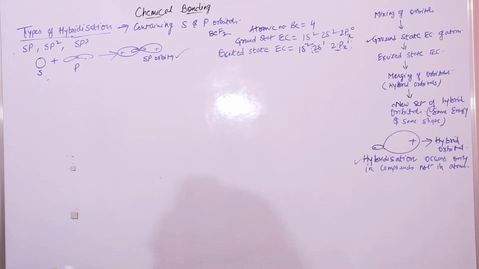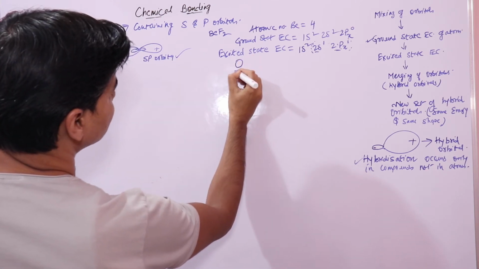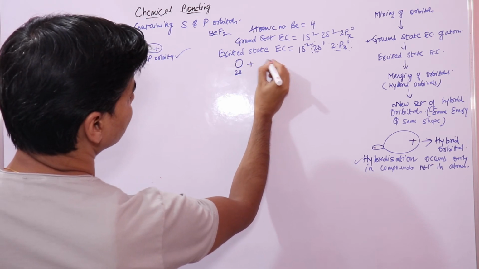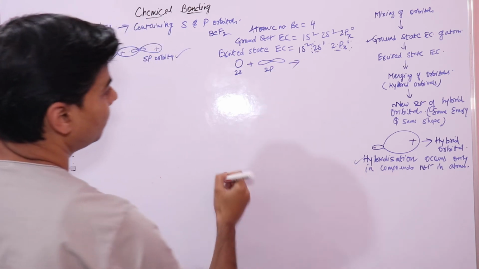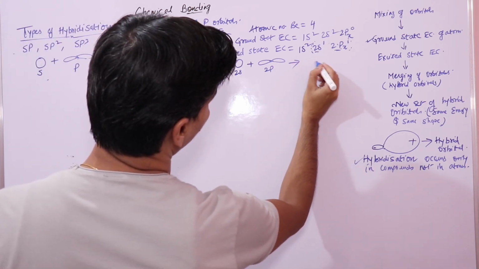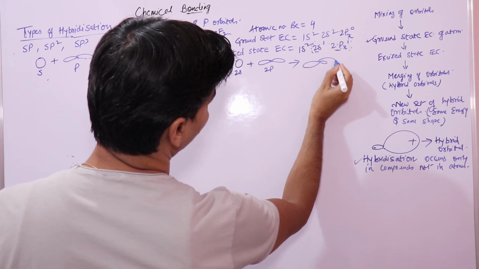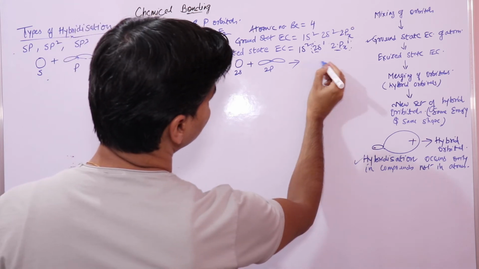So we'll just write it like this. So it would be same as this, 1s, this 2s, right, and this 2p will form like this.